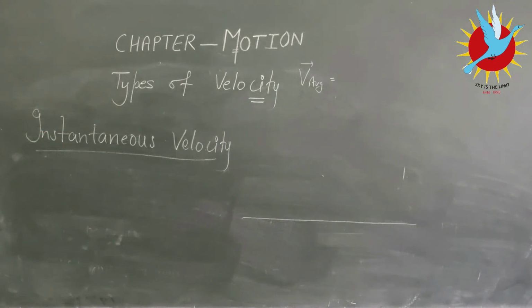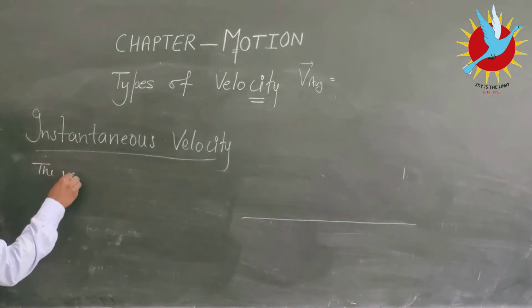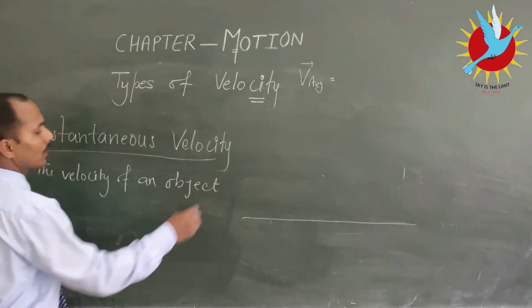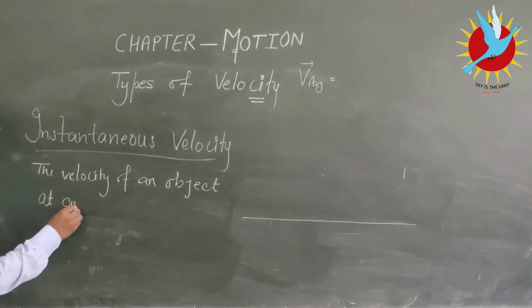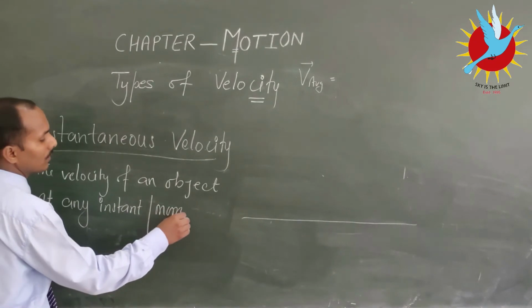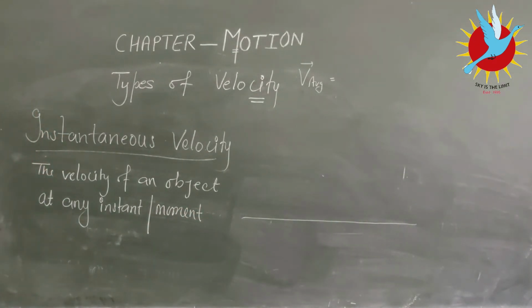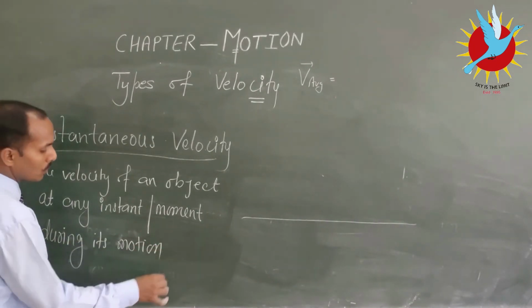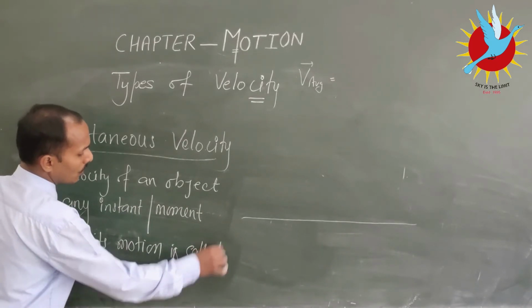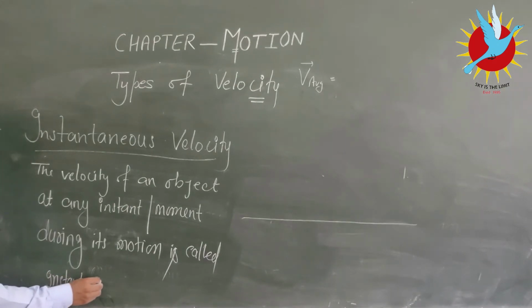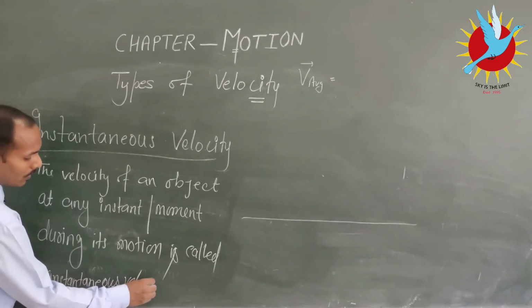Next, the velocity of an object at any instant. The velocity of an object at any instant during its motion is called instantaneous velocity.